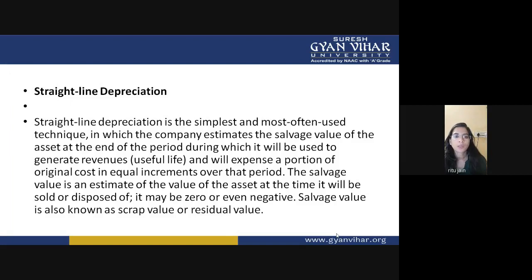The salvage value is an estimate of the value of the asset at the time it will be sold or disposed of. It may be zero or even negative. Salvage value is also known as scrap value or residual value.